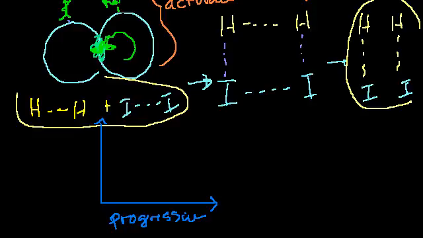So initially, we can view it as the combined potential energy. We start off here, and this is the H2 plus I2. And a lower potential energy is when we're in the hydrogen iodide. So this is the lower potential energy down here. This is the 2HI. Right?